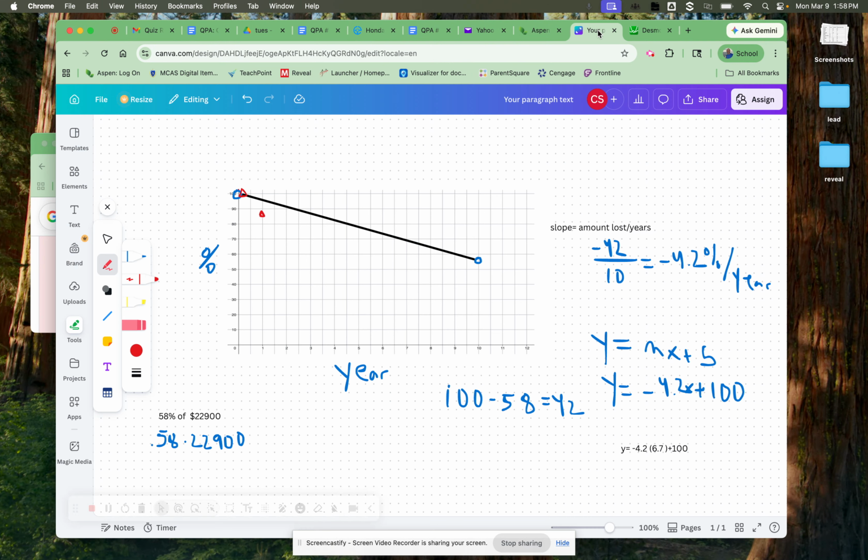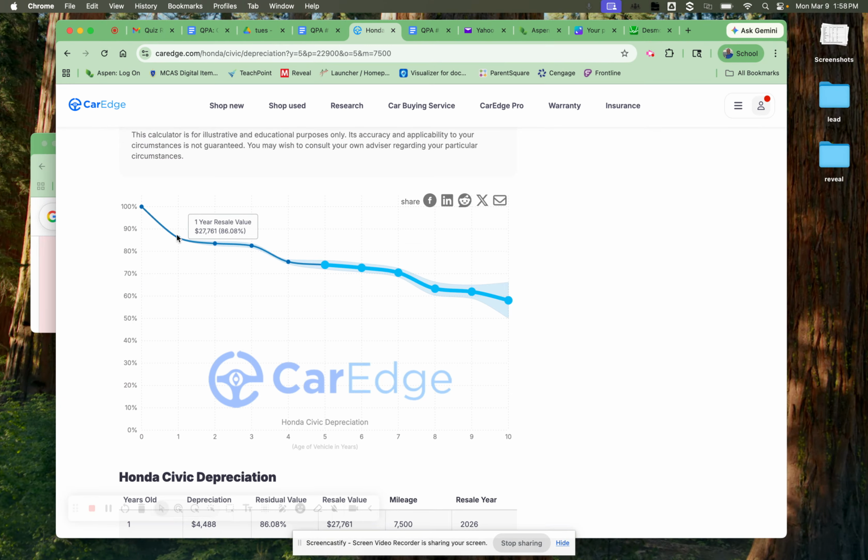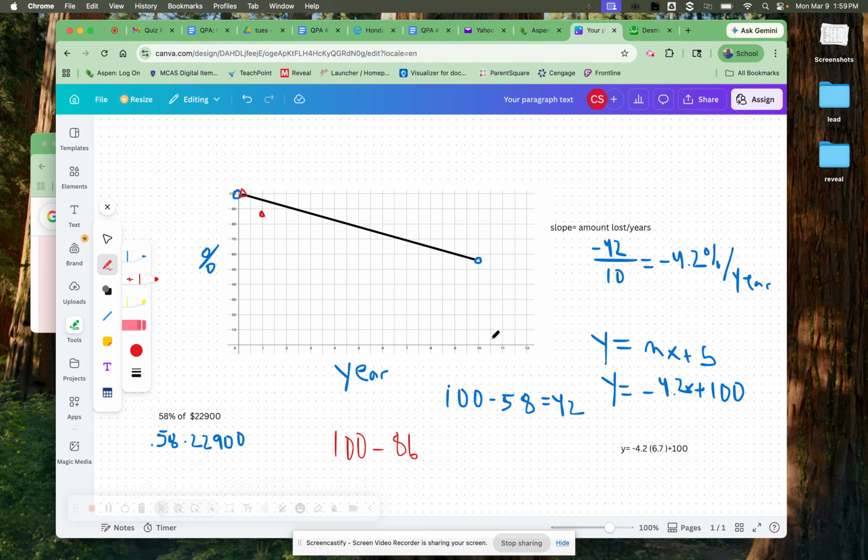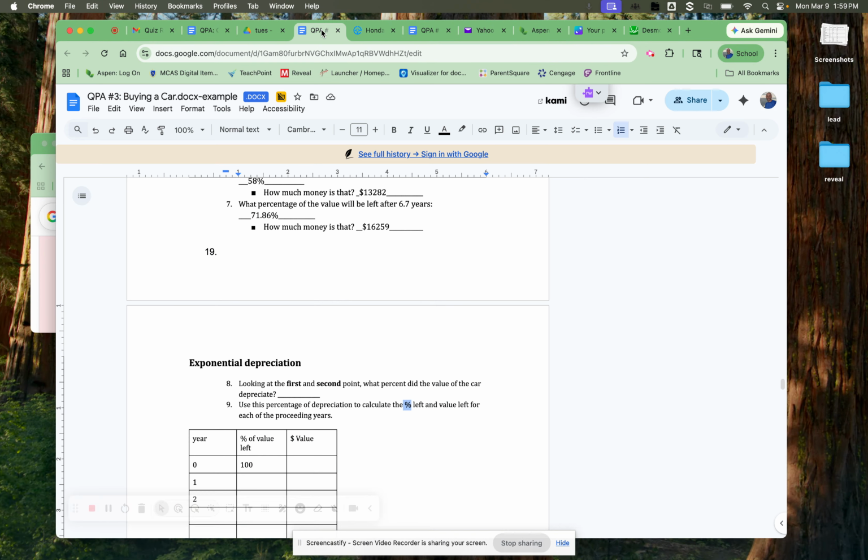So it went from 100% down to 86%. So what's left? It dropped 14%. So it's negative 14% every single year. So that means every single year it's going to drop 14%.